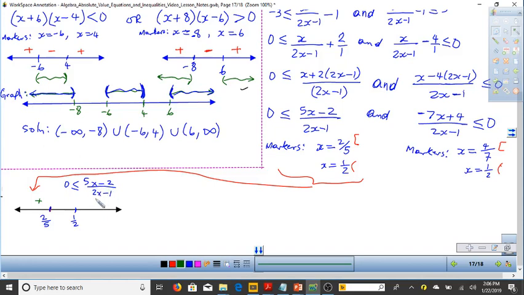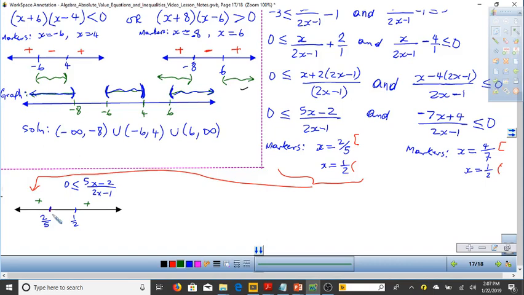I try a number in between 2/5 and 1/2. It's a little tricky, so what you do is you average them out. If we add 2/5 plus 1/2, and then divide that number by 2, that will give us 0.45, which is 9 over 20.